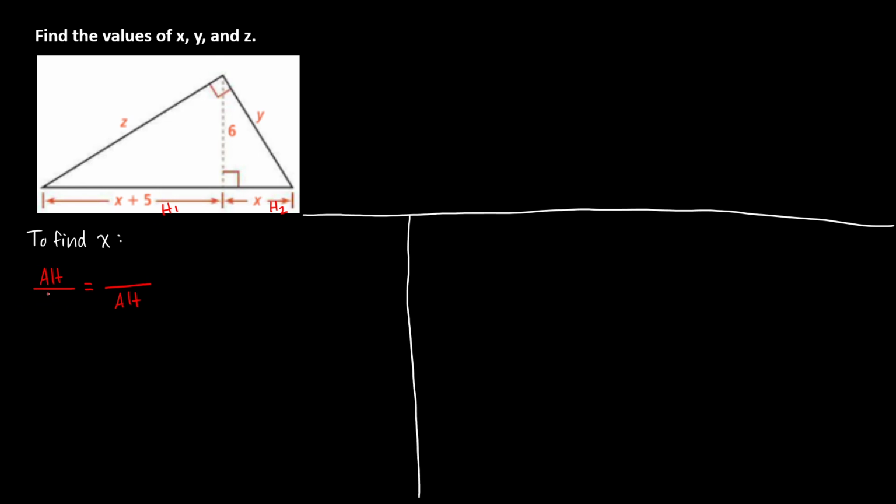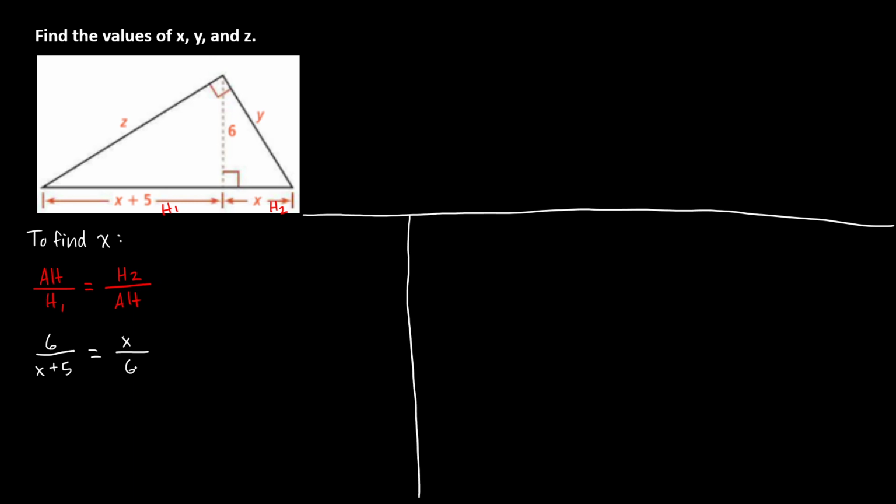So H1 and H2. And so I'm going to fill in what I know. So the altitude in this problem is 6. Hypotenuse 1 is x plus 5. And hypotenuse 2 is x. And the altitude again is 6.